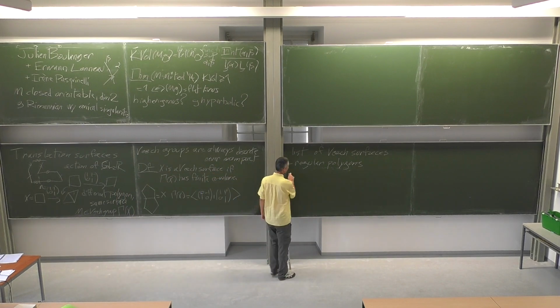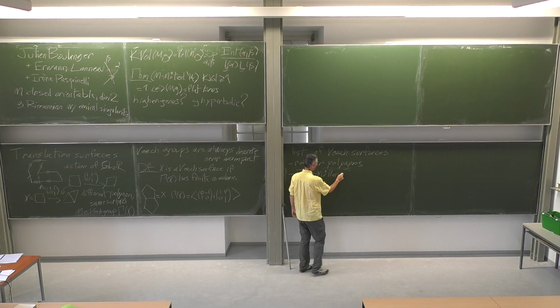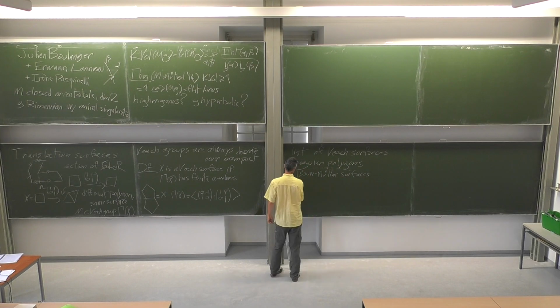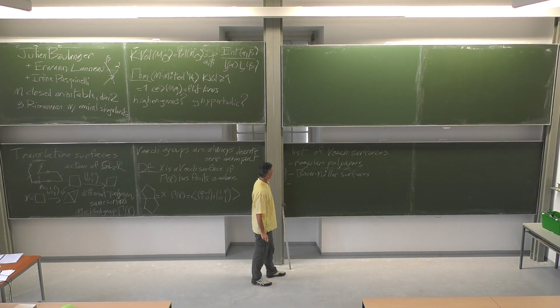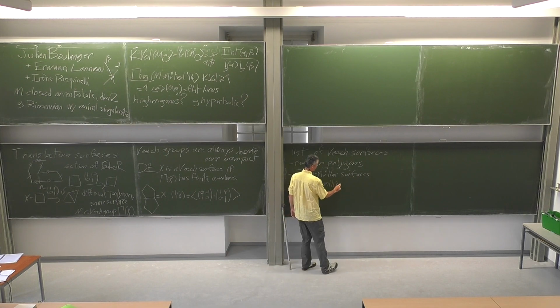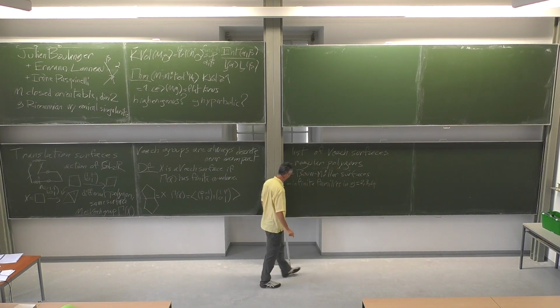You have a mysterious family called the Bouw-Möller surfaces. You have infinite families in genera 2, 3, and 4, which I'm not going to describe.